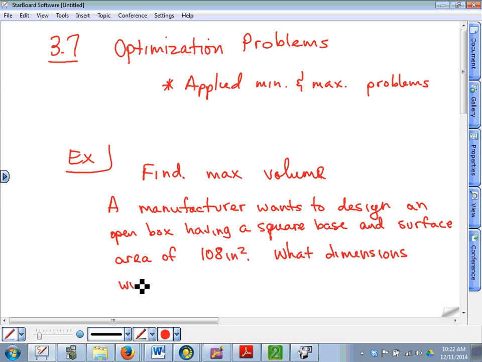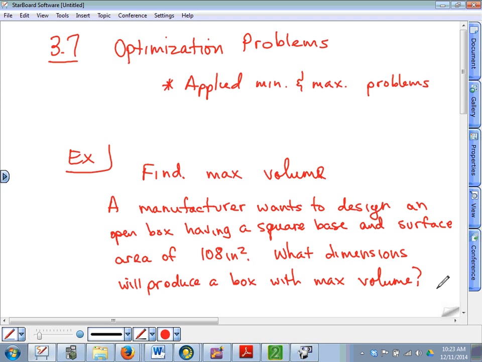What dimensions will produce a box with maximum volume?